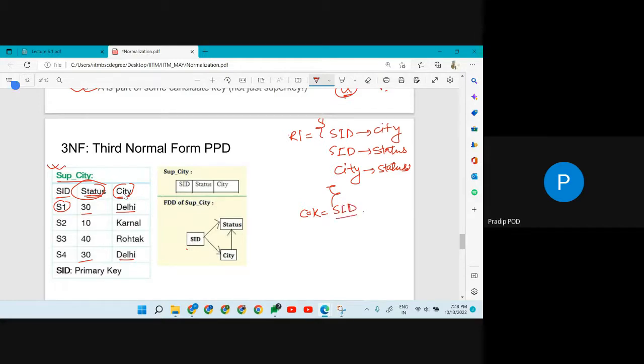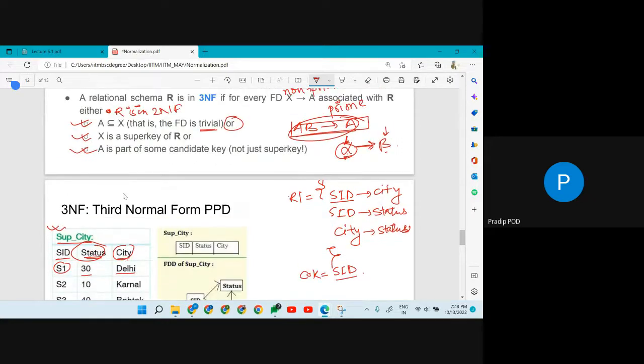Now you have to check the functional dependencies one by one. For the first functional dependency, check whether the left side is a super key. Yes, it is a super key, so no need to check the other conditions. You have to check whether it is a trivial functional dependency, or the left hand side is a super key, or the right hand side is a prime attribute.